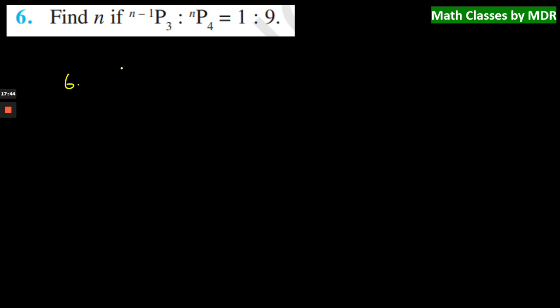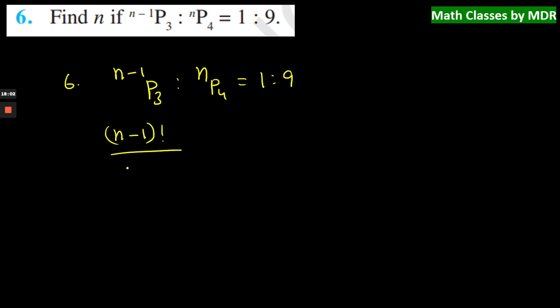So find n if (n minus 1)P3 is to nP4 is equal to 1 is to 9. Maybe I will write it as, what is (n minus 1)P3? (n minus 1)P3 can be written as (n minus 1) factorial by (n minus 1 minus 3) factorial, and this is n factorial by (n minus 4) factorial, which is equal to 1 is to 9.